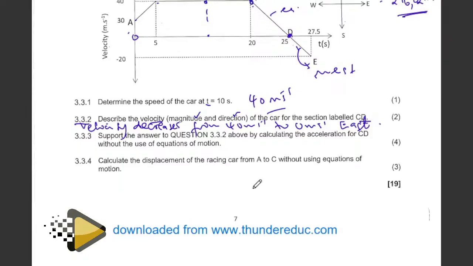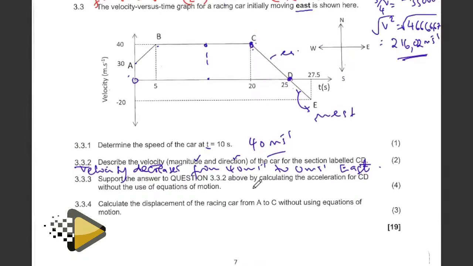I feel like this is going to be a west direction. I'm going to take west because it's moving backwards. Okay, then support your answer, because if we are to support our answer, our acceleration here must give us a negative, which means it's just in the opposite direction. Or slightly slowing down, who knows?